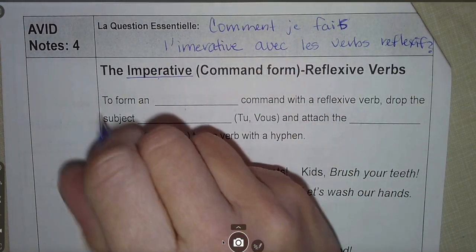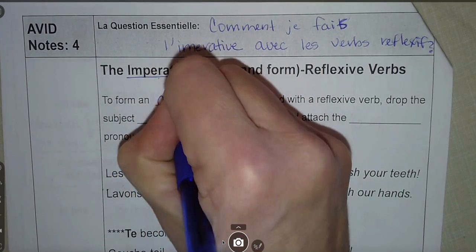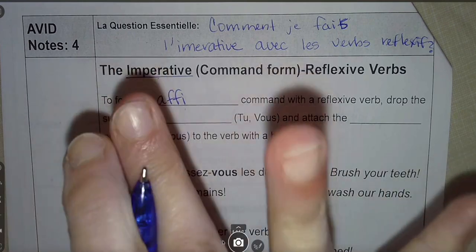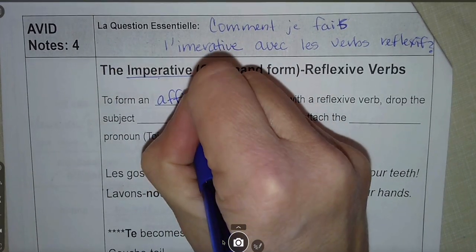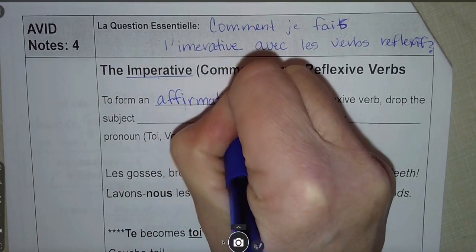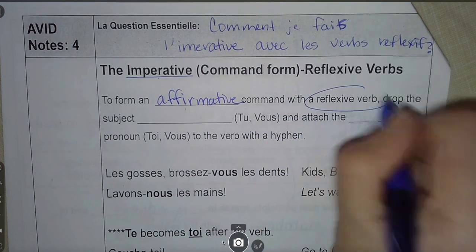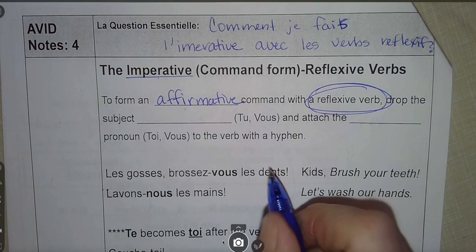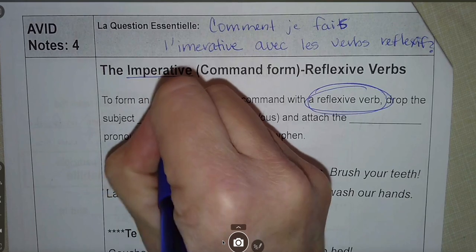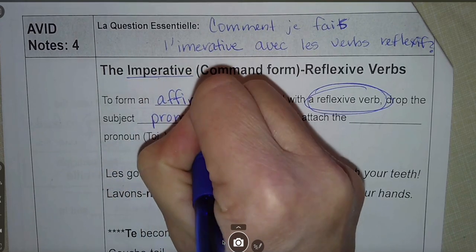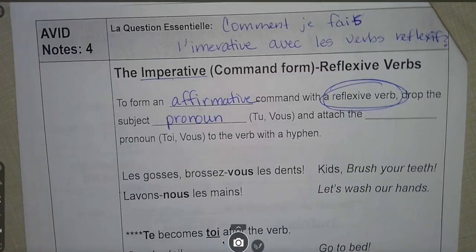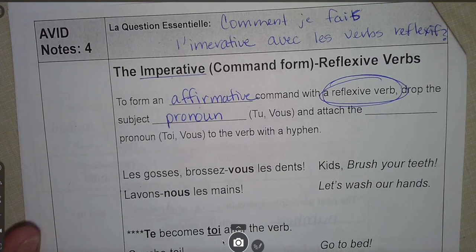To form an affirmative, so in the positive, by telling someone to do something, an affirmative command with a reflexive verb, you're going to drop the subject pronoun. It's kind of like in French when they say, how about if I say listen, like you listen?